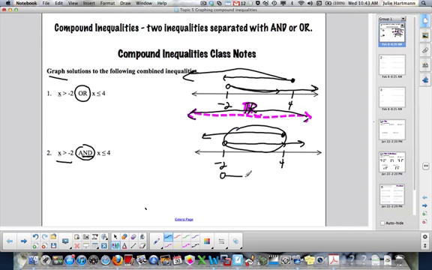So my answer would be just that piece. Okay, so looks kind of messy, I know, but hopefully you got the point. When it's or and they are going towards each other, that means that covers the entire graph, that's all real numbers. Where if it's and they're going towards each other, and is when it's only shaded for where both of them fall. So that's only in the middle.